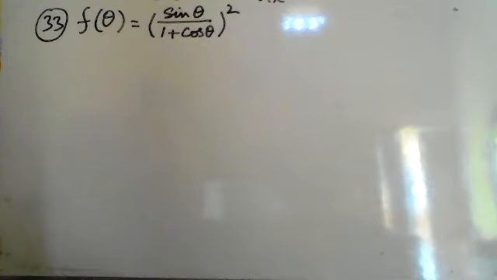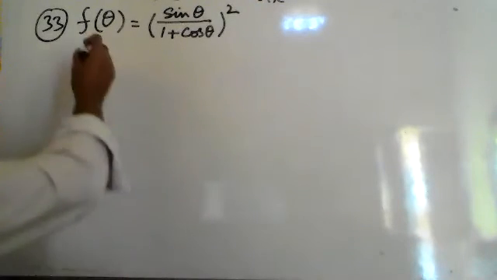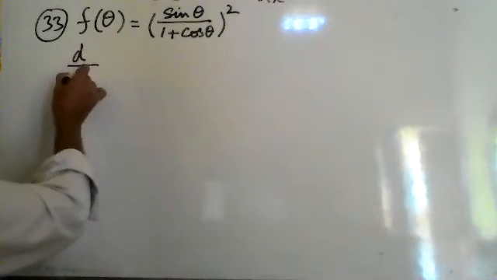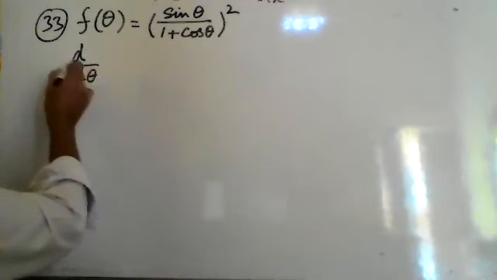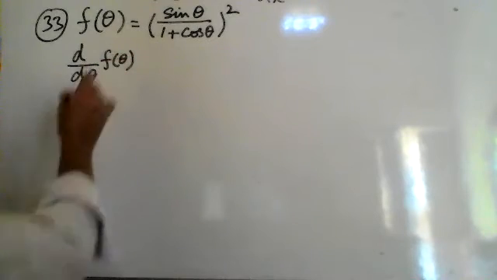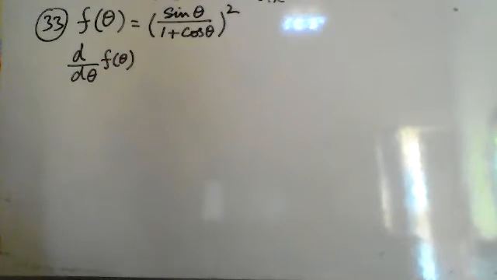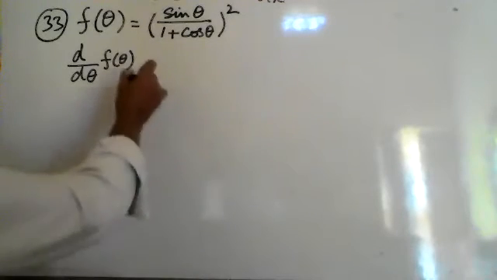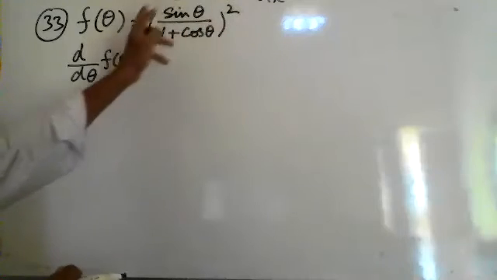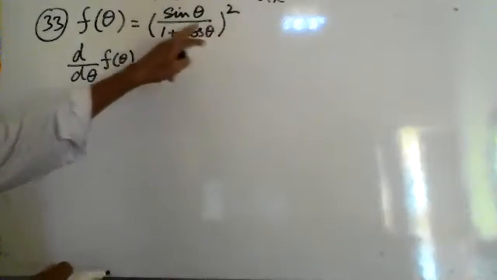So here we will use the formula u upon v. So derivative of f of theta with respect to theta, d of f of theta upon d theta is equal to, ये whole पे power है. This is the power on the whole function.